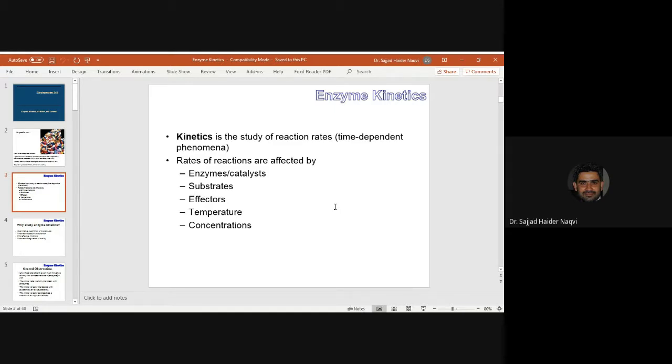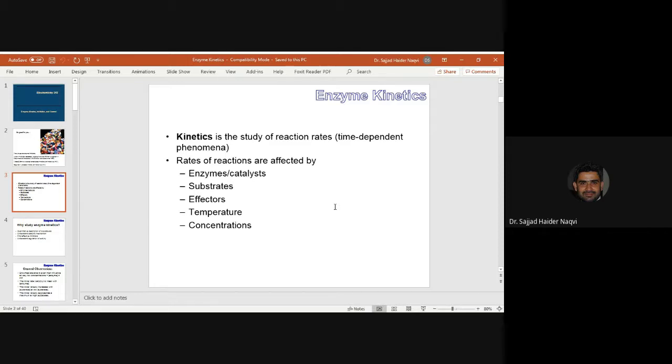Then, on providing optimal conditions like temperature or pH and other factors, the reaction will progress, and after a particular time we have the product formation in front of us. So this whole mechanism of how the enzyme interacts with the substrate, and the detailed process in terms of reaction rates, is what we call enzyme kinetics.